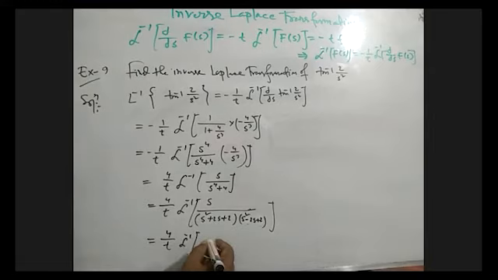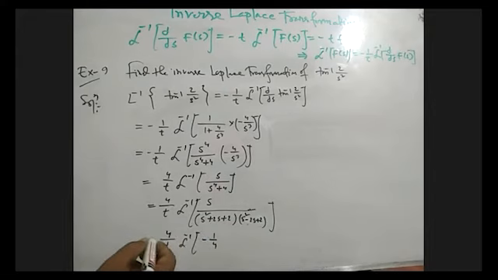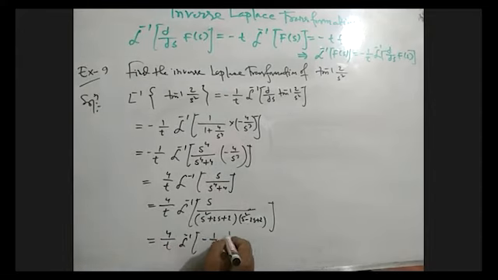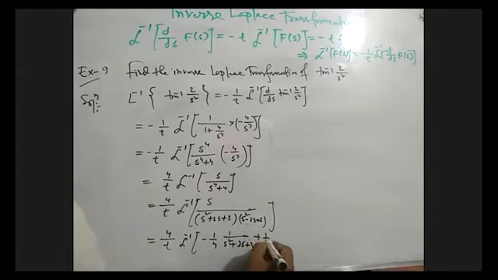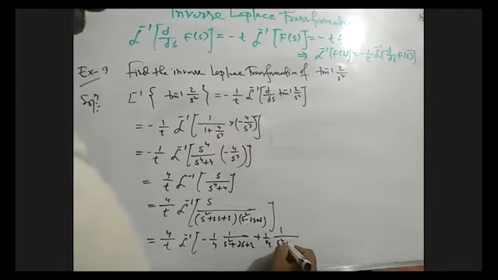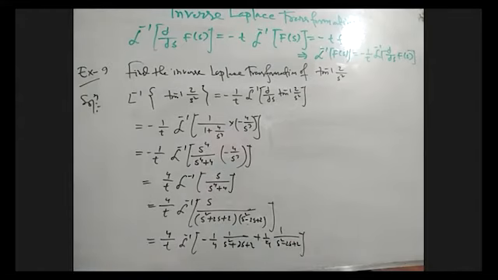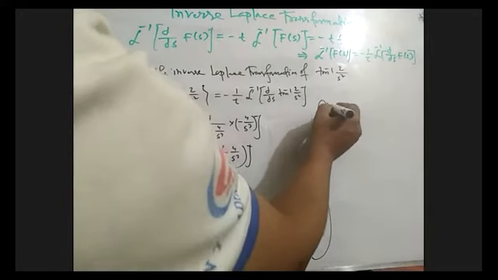So we get 1 by 4 times 1 divided by (s square plus twice s plus 2), minus, plus 1 by 4 times 1 divided by (s square minus twice s plus 2). So we got this by the partial fraction method.